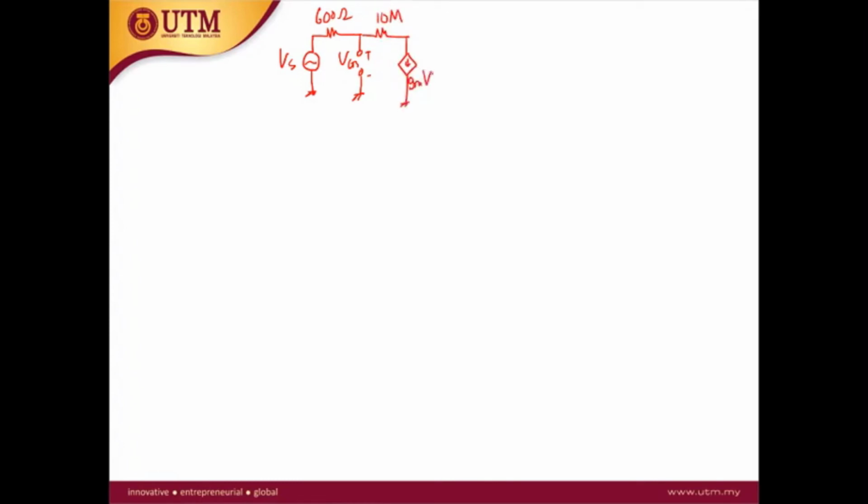This is GM VGS, 2K, and then this is 2K. Okay, the output voltage is around the 2K.